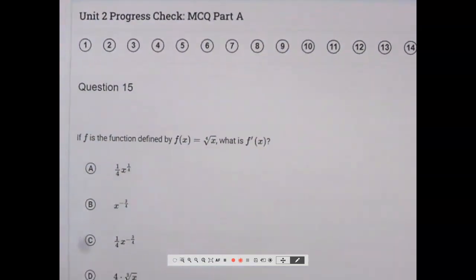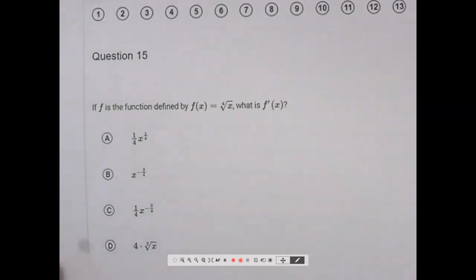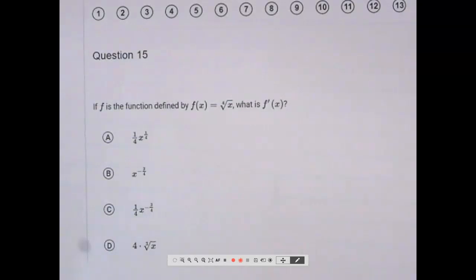All right, same kind of thing here, just find the derivative. What do we think?